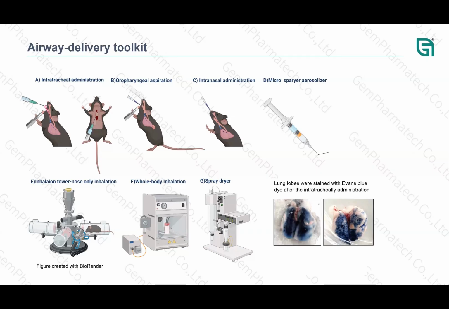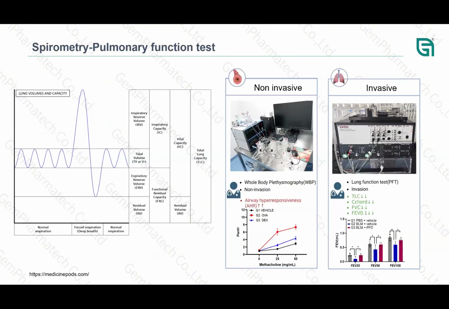As you can see, the mouse lung image on the slide demonstrates the distribution of the drug solution after the tracheal instillation in mice. In addition, for most respiratory diseases, functional diagnosis is indispensable for both clinical diagnosis and therapeutic efficacy evaluation.